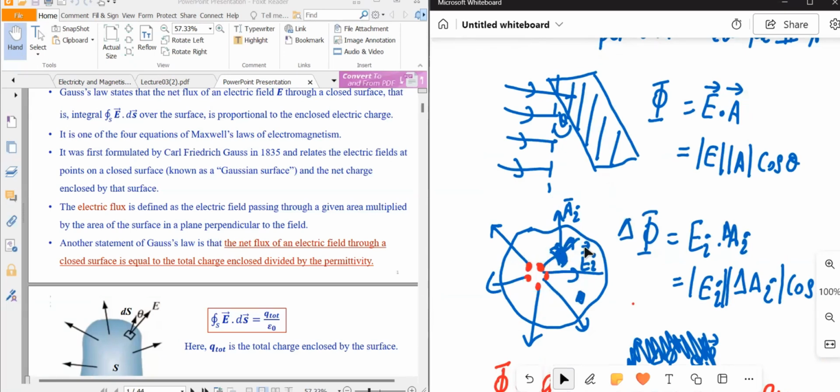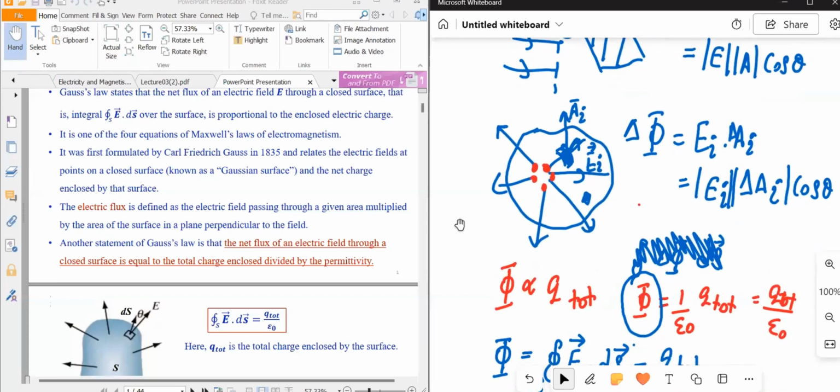When there are several electric field lines coming through, for each area segment the small segment of flux coming through that area is going to be Ei dot delta Ai. And in order to generate these electric field lines, there has to be a certain amount of charge within the enclosed surface. So this flux is proportional to the total charge enclosed by this area.